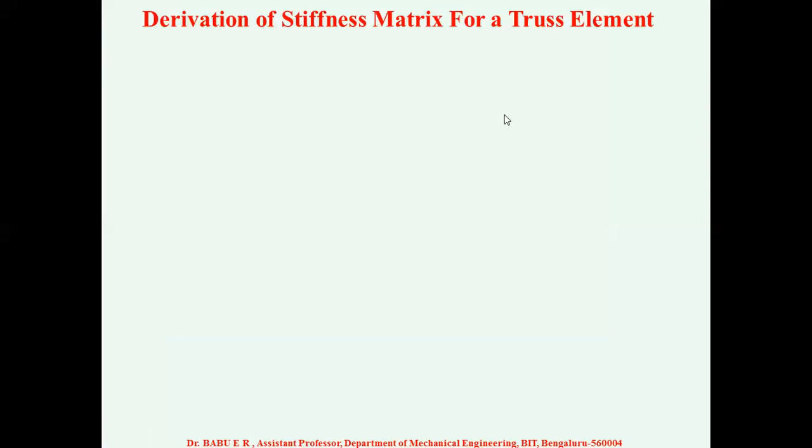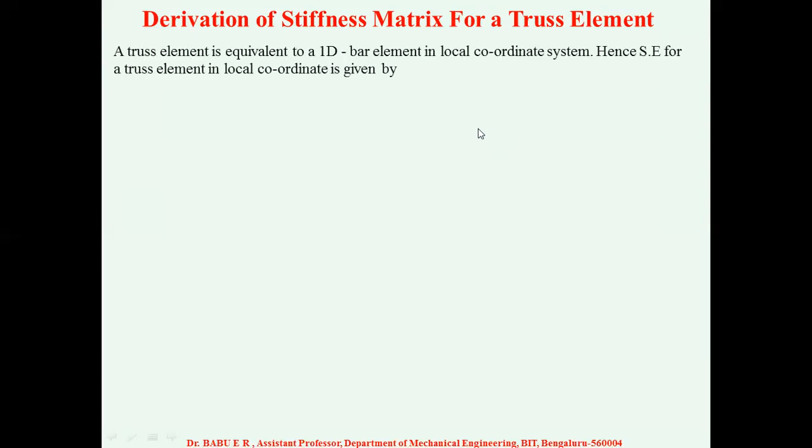The next topic is the derivation of the stiffness matrix for a truss element. A truss element is equivalent to a 1D bar element in the local coordinate system. Hence, the strain energy for a truss element in the local coordinate system is given by U equals half Q dash transpose K dash Q dash.